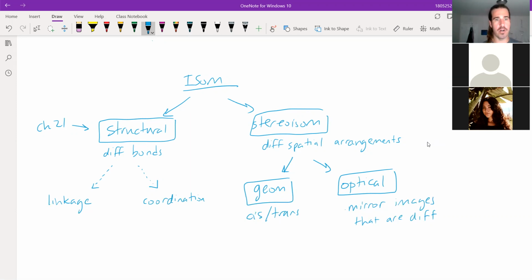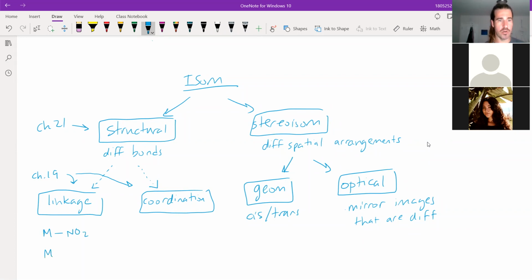But for chapter 19, with the coordination compounds, then yeah, we do use those, and they're specific to coordination compounds and how ligands are attached to the metal, but they fall under this class of structure because you have different bonds. You might have a metal attached to nitrogen in NO2 or attached to oxygen. So that's metal attached to nitrogen is a different bond than metal attached to oxygen, right?